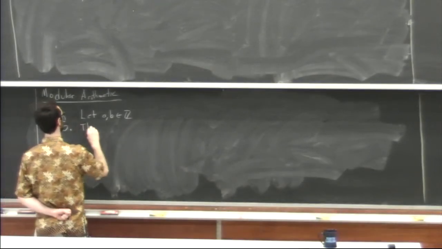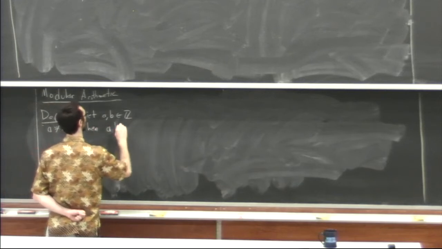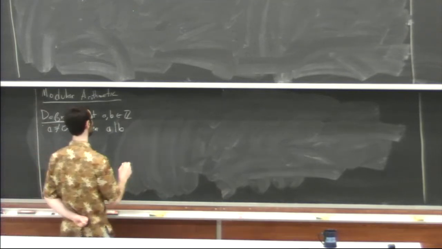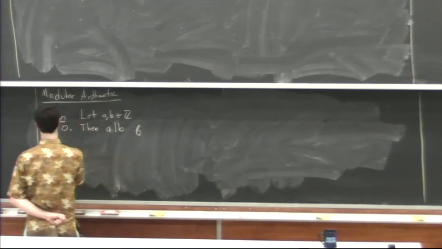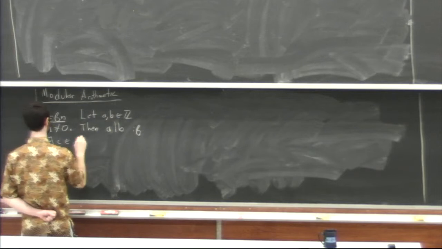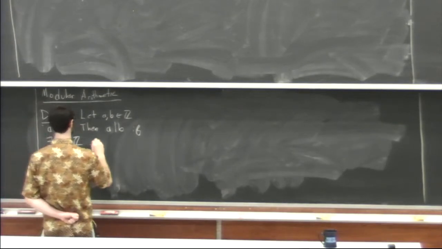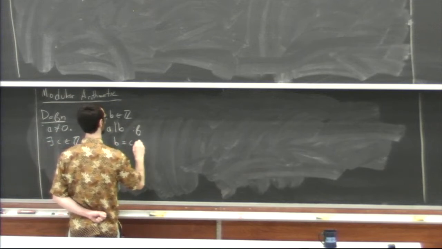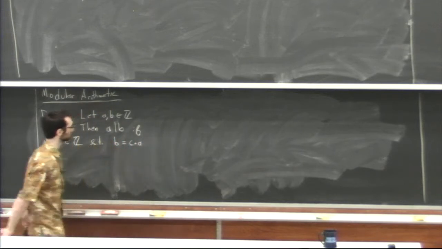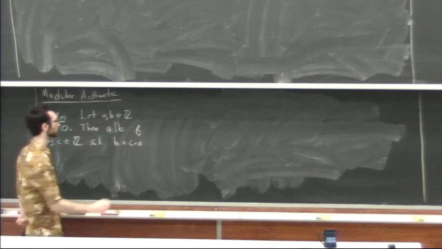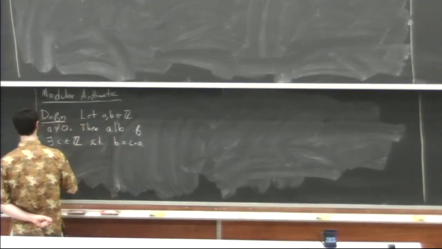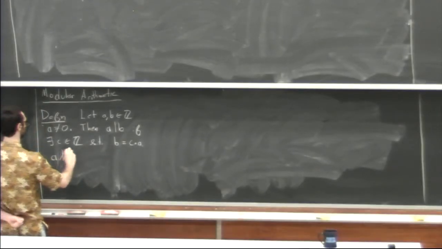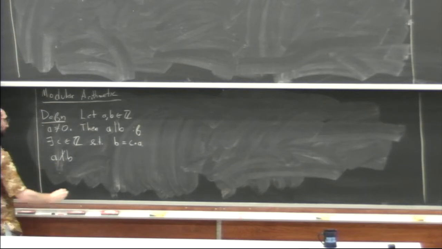Then A divides B in the integers if there exists a C inside the integers such that B is equal to C times A. We use the notation A with a vertical bar with a slash through it for A does not divide B.